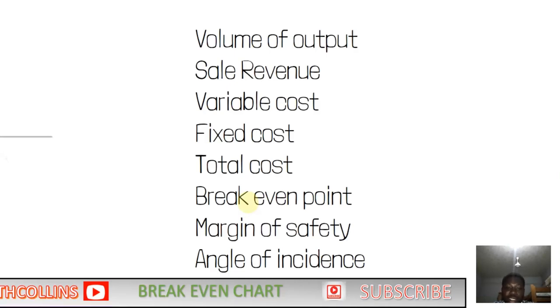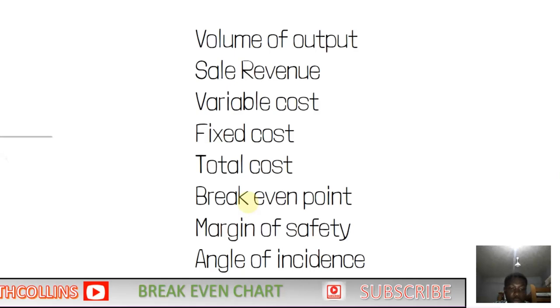Yes, that was my break-even point. But if I proceed to produce 150, then I would have some profit because of the 50 bags that have been added. So the profit that I'll get from producing 200 will be more than from 150, and the profit I'll get from producing 500 bags will be more than from 150. So the larger the margin of safety, the larger the profit.